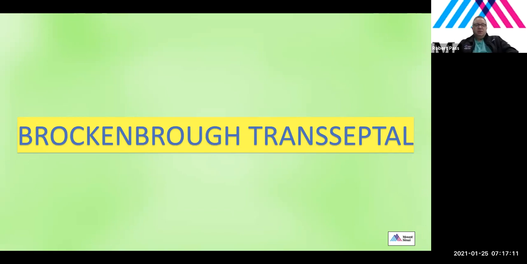But there are still quite a few electrophysiologists who would generally do these retrograde, placing a catheter in the femoral artery, going over the aorta, across the aortic valve, and then retroflexing the catheter back across the mitral annulus and mapping in that fashion.